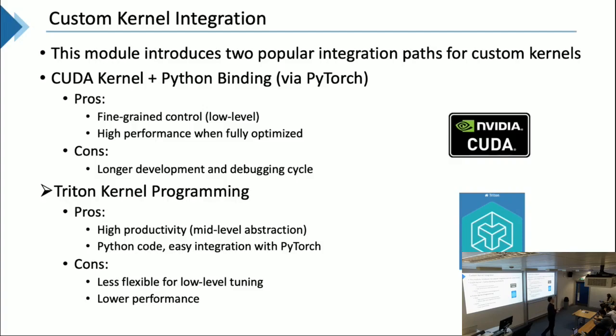Compared with CUDA kernels, the advantage of Triton is that it involves less development time because it abstracts away a lot of low-level details. It can help you do memory coalescing automatically. You just need to care about creating the pointers you want to access and manipulating the computation on this list of pointers, pointer arithmetic, which we'll introduce later.